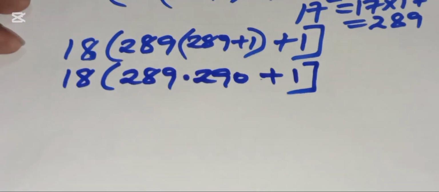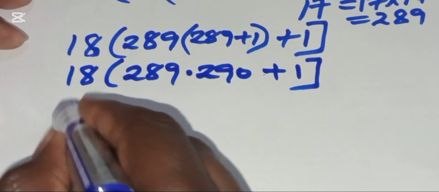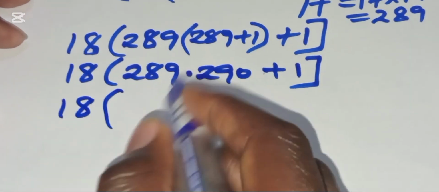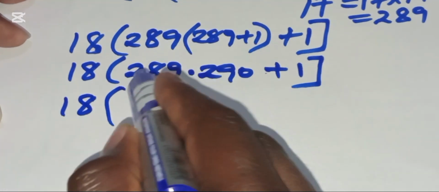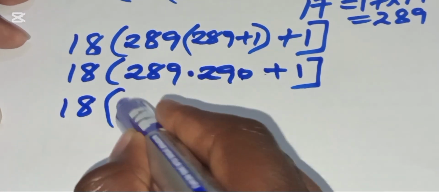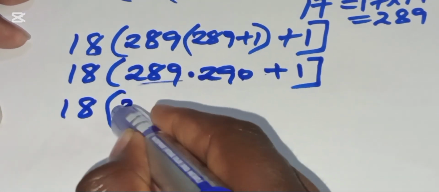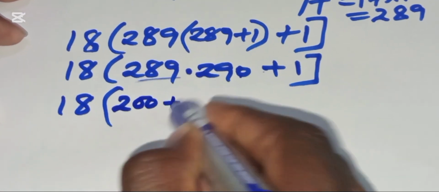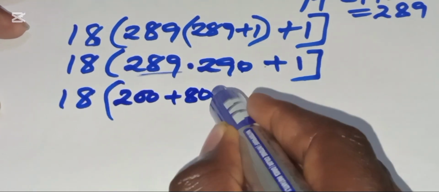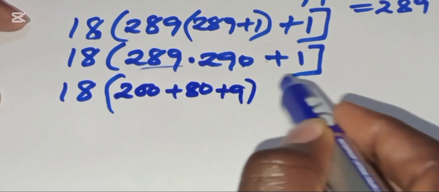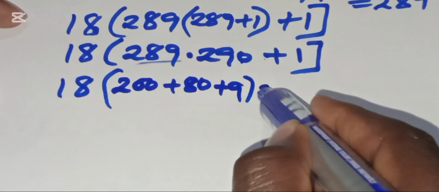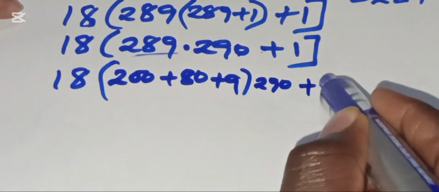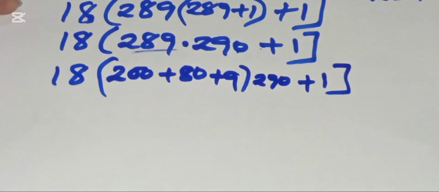Again, from what we have here, this is the same thing as 18 into the bracket. Now, this is 289 multiplied by 290. 289 can be expressed as 200 plus 80 plus 9 multiplied by 290 plus 1. Okay.